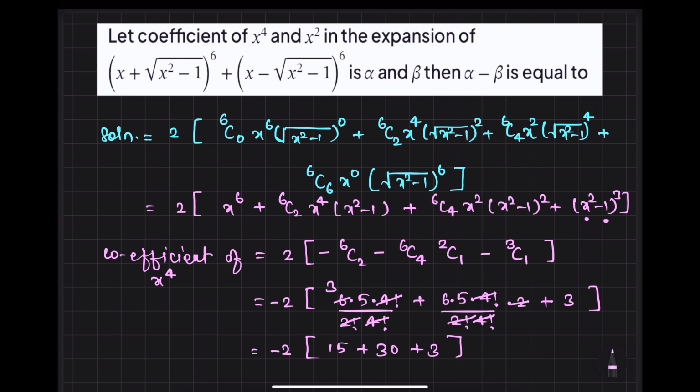So 48 into minus 2 is minus 96. Okay, so who was x power 4? X power 4 was alpha. So we got our value of alpha as minus 96.